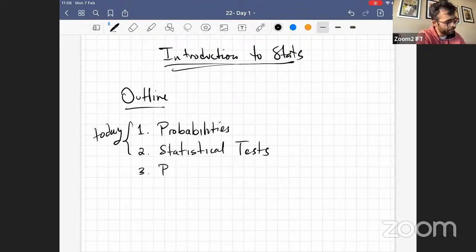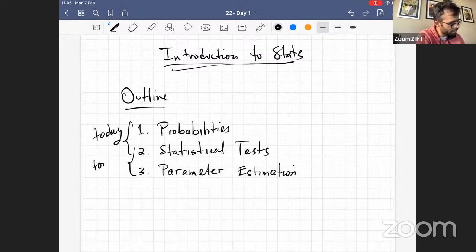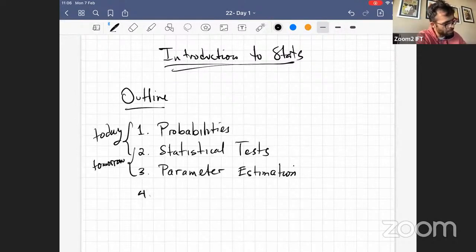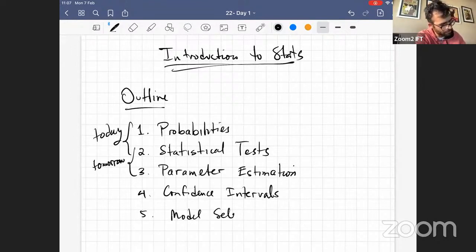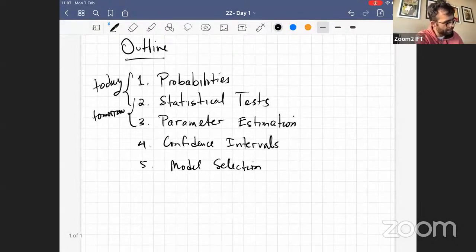Between today and tomorrow, I will at some point start talking about parameter estimation. And then I will talk about confidence intervals, model selection, and finally, I will cover sampling methods.